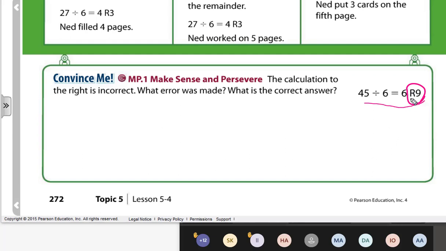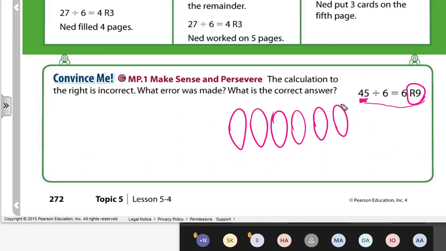Oh, 9 is more than 6. Okay, my heroes, we are dividing 54 into 6 groups. So we have 1, 2, 3, 4, 5, 6. Okay, and we will put in each group 6. And we have 9 left over.